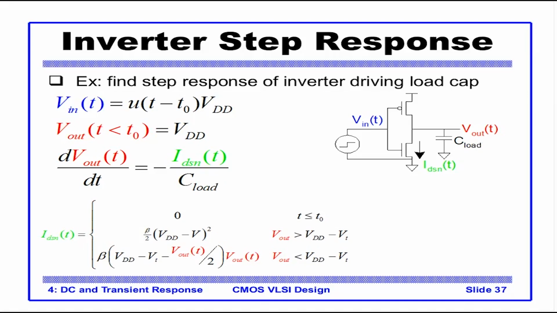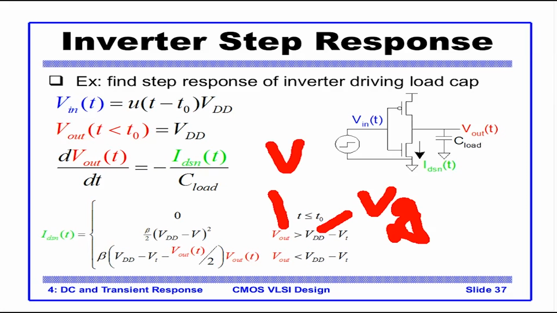So this is VD, this is VG. So if VD is greater than VG minus VT, we can write. So this part is nothing but VG, and this part is nothing but VD. Just rearranged. So VD is greater than VG minus VT.